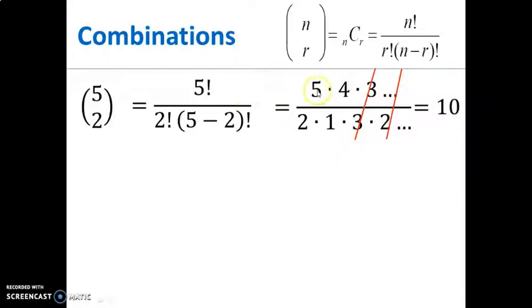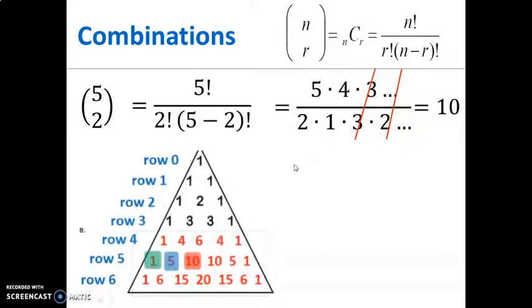So some combinations we can work out pretty quickly just by knowing how the rule works. Others we might need our calculator. But we also saw a very important connection between combinations and what is known as Pascal's triangle. We found out that for a certain row in Pascal's triangle, you can get every value in it using combinations. For example, if you did 5 choose 0, you would get 1, and that matches this value here.